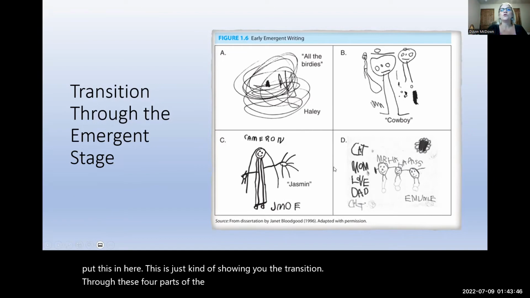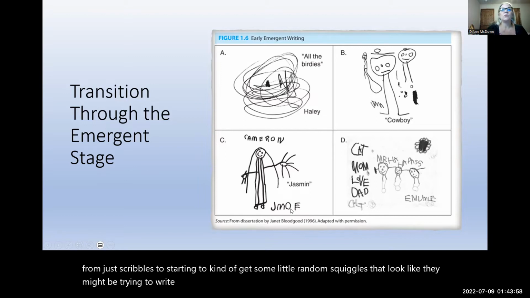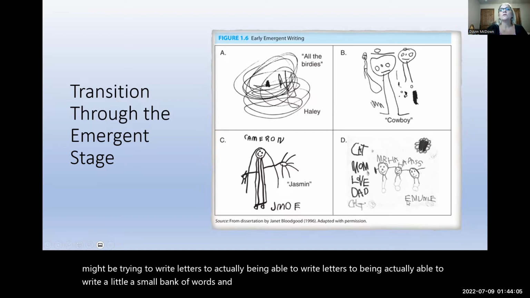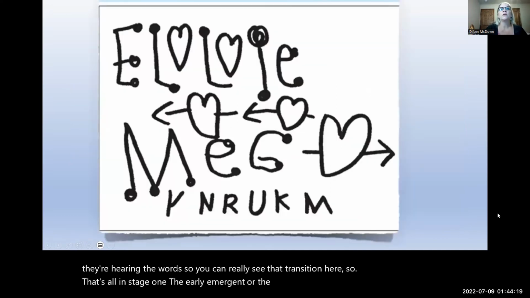This is all emergent, but you can see how it transitions from just scribbles, to some little random squiggles that look like they might be trying to write letters, to actually being able to write letters, to being able to write a small bank of words and put more sounds, more graphemes, to the phonemes they're hearing in the words. So you can really see that transition here. So that's all in stage one, the early emergent, or the emergent stage, spelling stage.